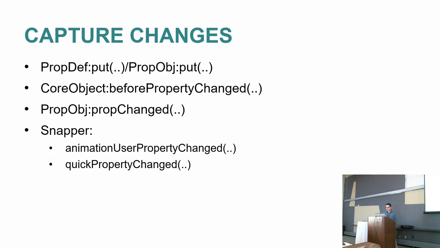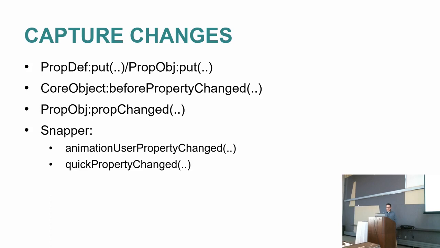For instance, the property UI construction utilizes put to kind of reflect changes. And the prop object put, the owner of the prop, you could do it there as well, but also not an ideal spot. I'm saying these are options. I'm not recommending them.